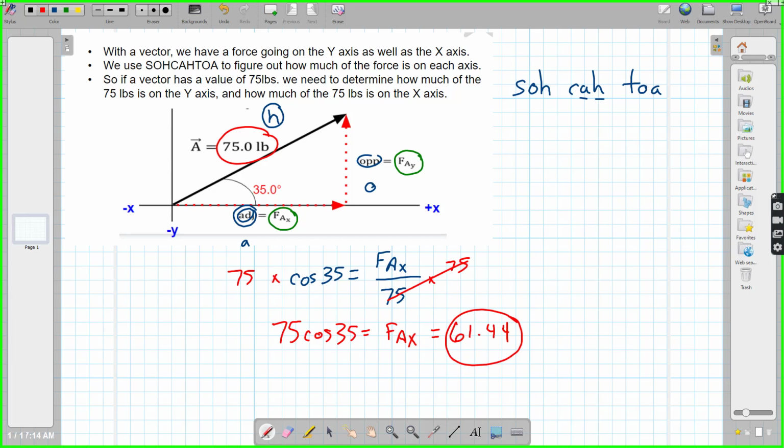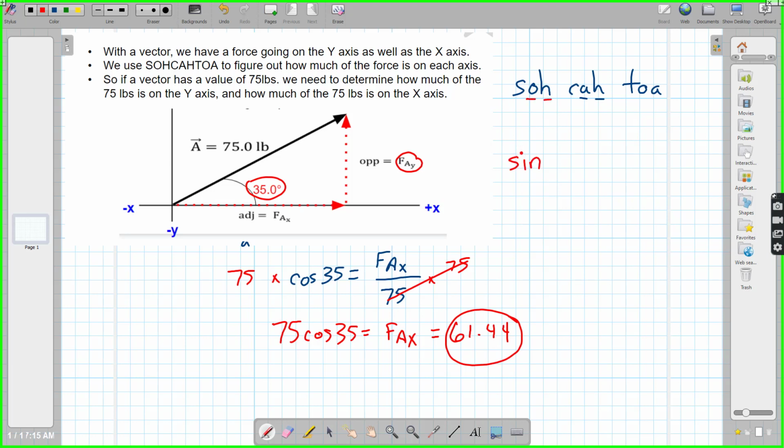Now, in this particular case, I'm going to go ahead and do the FAY as well. Let me erase a few things and help it make more sense. So here we go. We are trying to get FAY now. I'm going to say that's opposite, right? So opposite, and I know the hypotenuse, so O and H. I'm going to say sine this time.